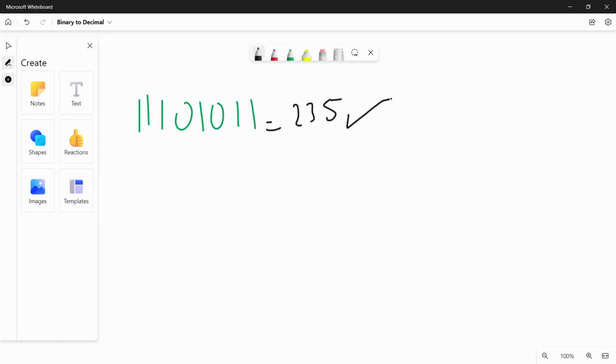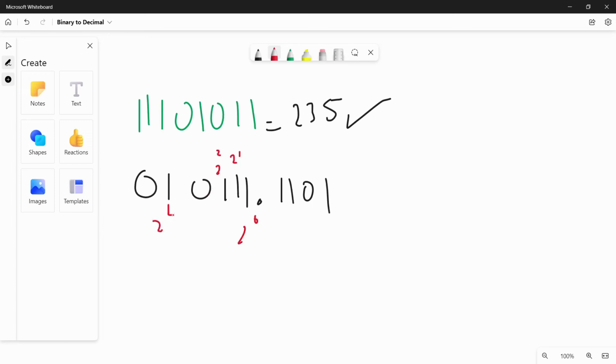So that was the first exercise. Now let's do the second one. So we have 0, 1, 0, 1, 1, 1, point 1, 1, 0, 1. Again, pause this video and do it on your own. We have here 2 to the 0, 2 to the 1, 2 to the 2, 2 to the 3, 2 to the 4.